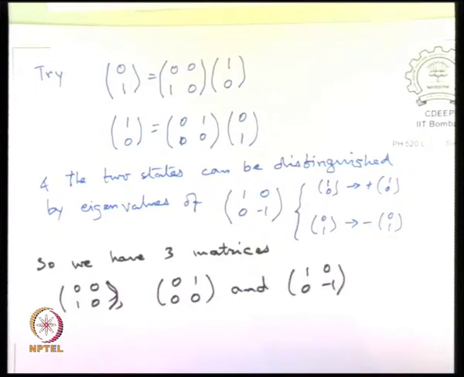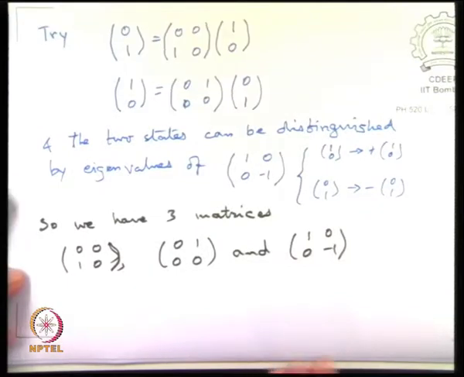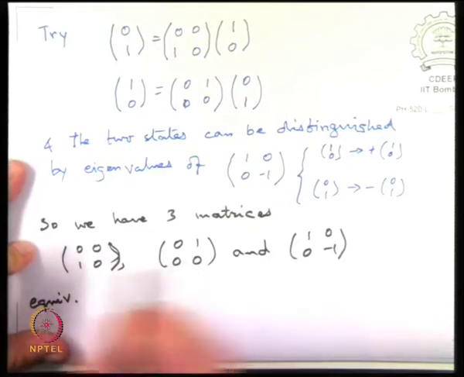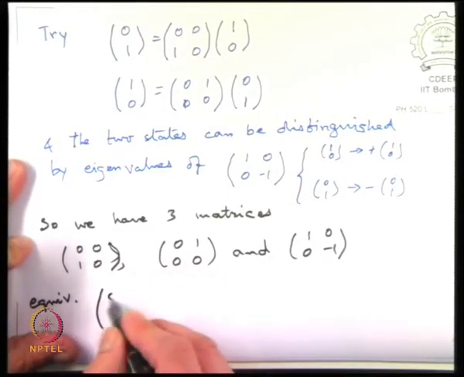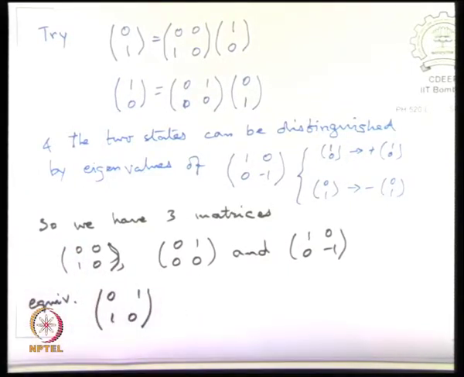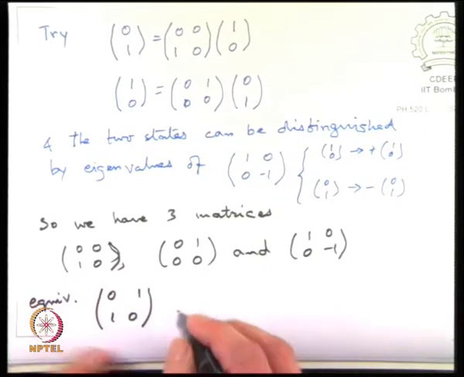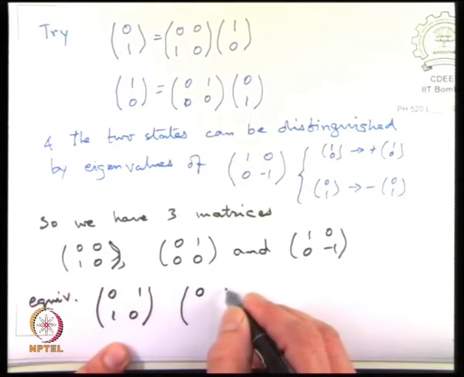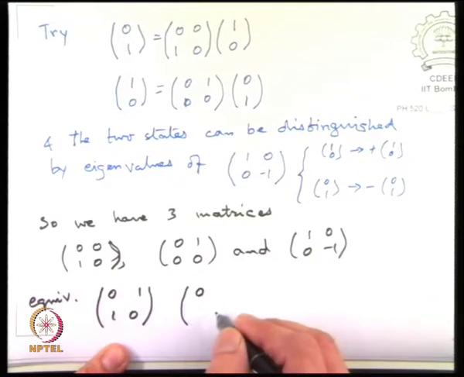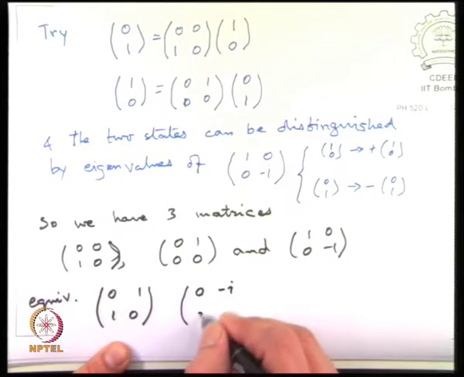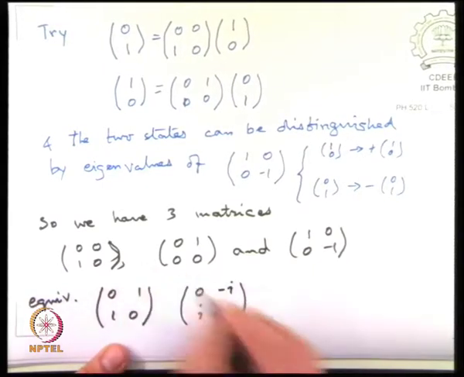Now with good mathematical sense, you will say, why don't I make some symmetric matrices out of this? Equivalently, what happens if I symmetrize? I get 0 1 1 0, which is the sum of these two divided by 2. But the minus 1 if I make, I will get 0, minus 1, 1, 0, but I also want it to be a Hermitian matrix. So I make it minus I, 0. It is simply I times the difference.